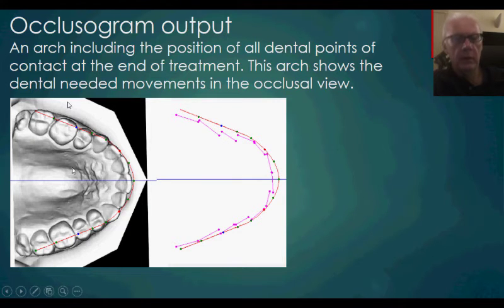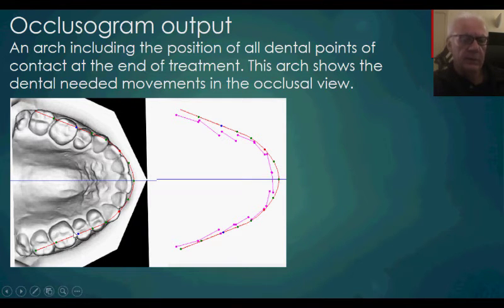For example, in this arch, you see all these dots with different colors that represent the final position planned for our teeth at the end of treatment. And here, for example, this blue dot near the cursor is the final position of the mesial contact point of the first molar.